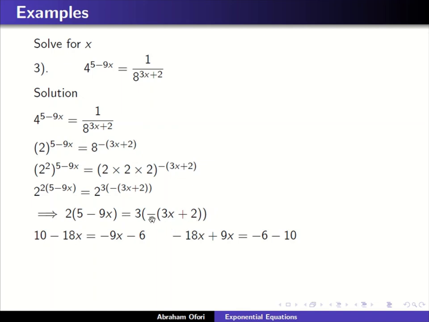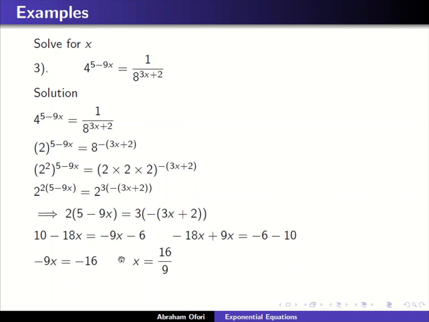So 3 times negative 3x, I get negative 9x. 3 times negative 2 gives me negative 6. So this implies I have negative 18x plus 9x equals negative 6 minus 10. Here I just sent this negative 9x to this side and sent the 10 to this side. That is how you get this.